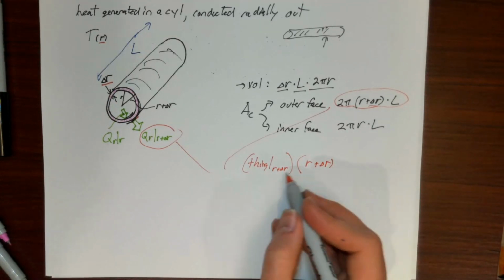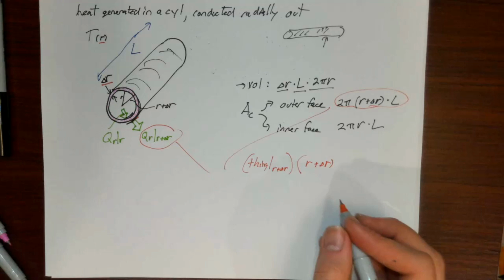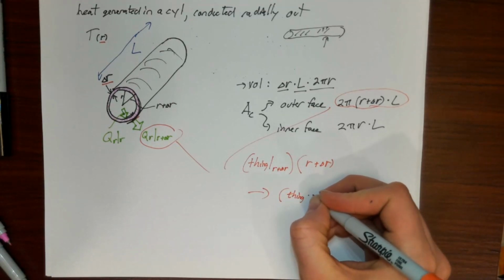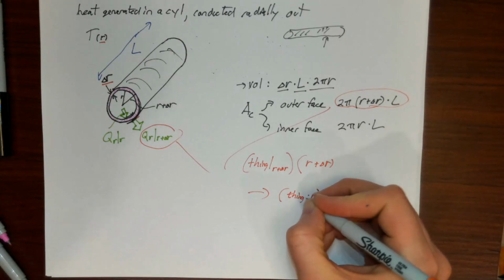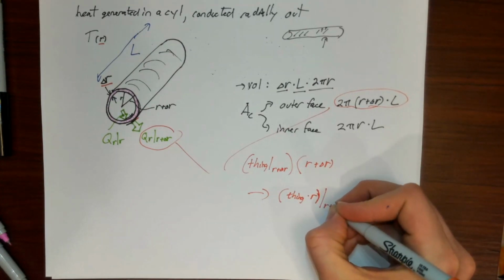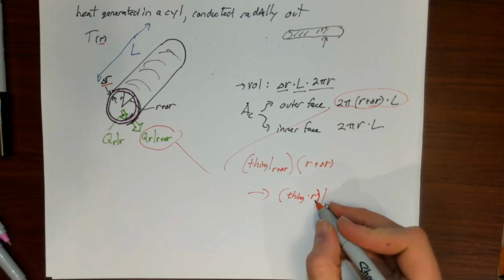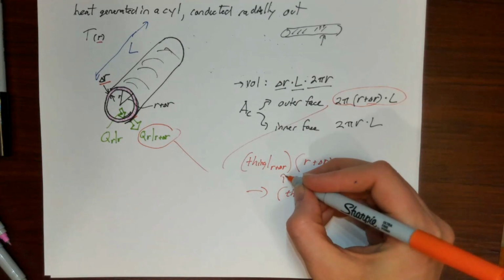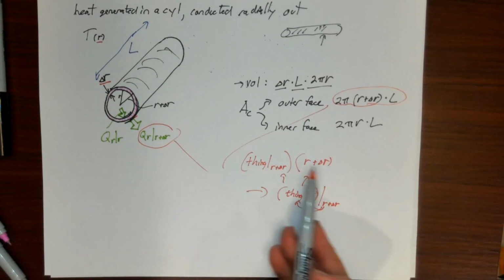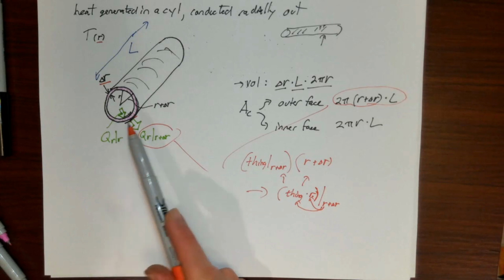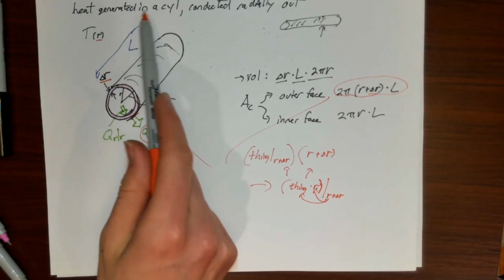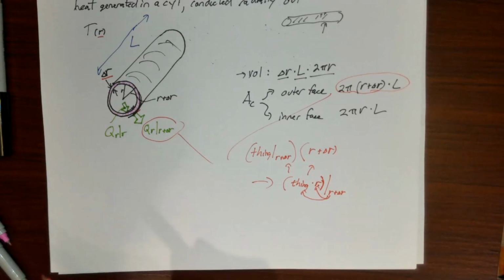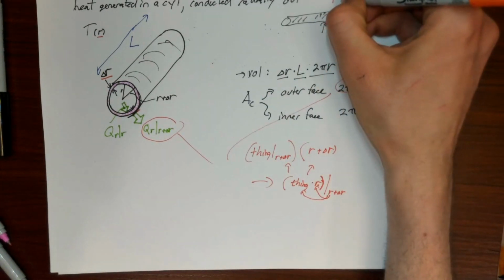You could keep these two things separate, or you could combine it as thing times r, where thing times r is evaluated at r plus delta r, so the r plus delta r gets subbed in for both. This will make more sense when you approach a problem where you have heat generation in a cylindrical object, and that heat gets conducted radially outwards, and you're looking for temperature as a function of r.